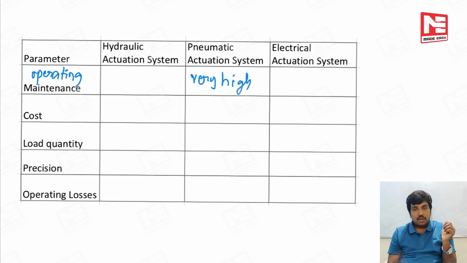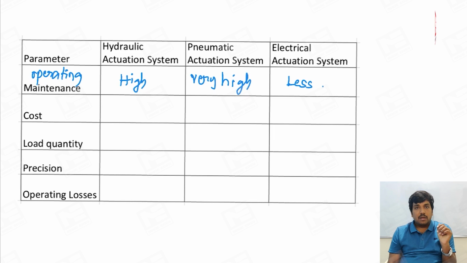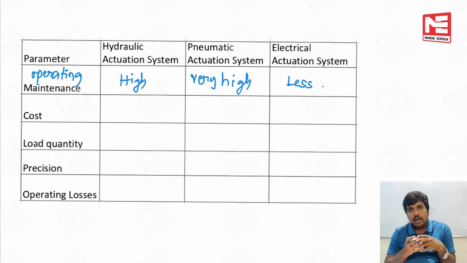Now the cost, as I said, operating cost is different and installing cost is different, but all together mechanical actuation systems, these both require more investment. So of course the operating cost and initial investment, both if you together calculate, then we cannot judge very easily the mechanical actuation system.